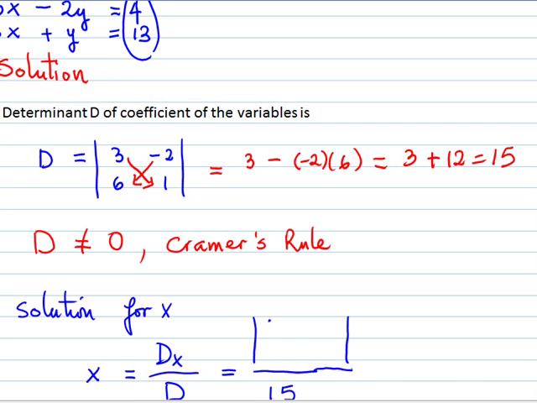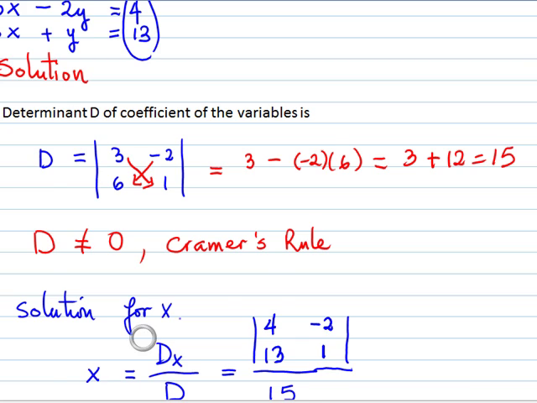So which is 4 over 13. And then right here, this next column, the second column will be your y coefficients, which is minus 2, 1.